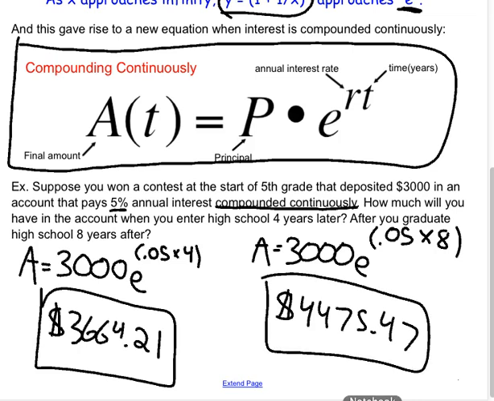And again, that's the equation you use only when you're compounding continuously, an infinite number of times in a year. So actually, this is probably the easiest equation to use.